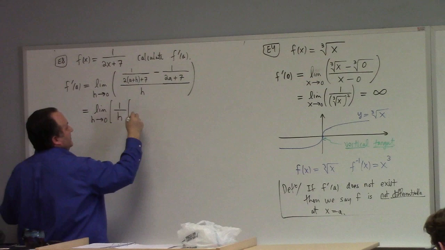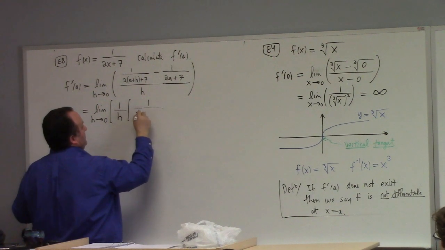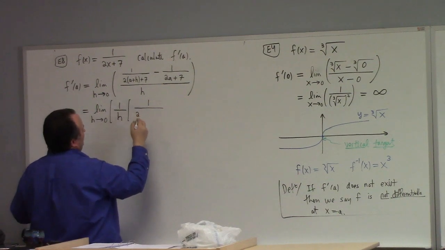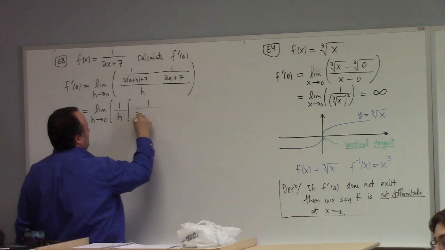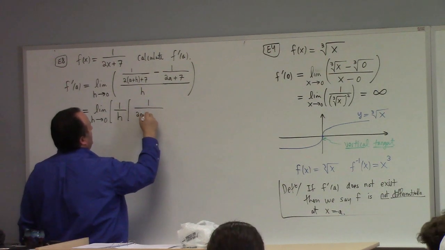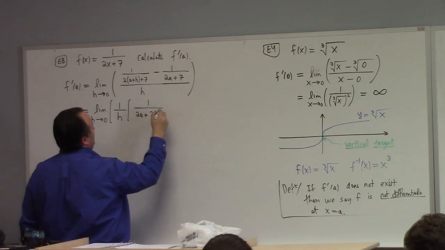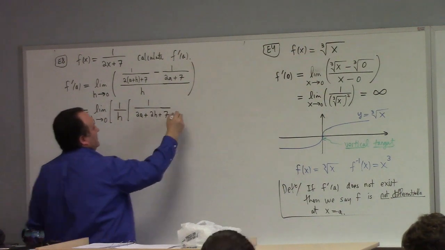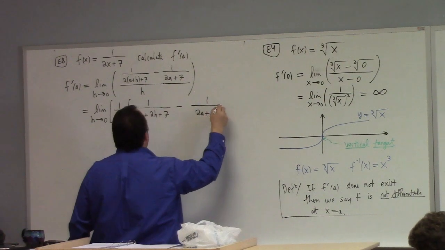So I've got 1 over h times 1 over, let me multiply that out a bit, 2a plus 2h plus 7. I'm a little bit wishy-washy on doing that, but I did it, so there it is. Minus 1 over 2a plus 7.